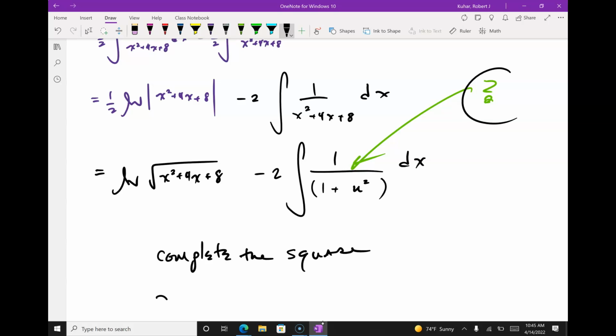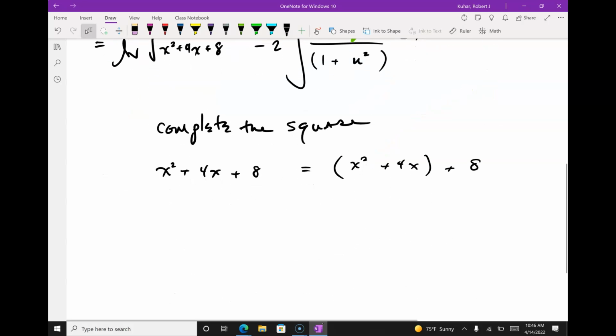So I've got x squared plus 4x plus 8. I'm going to group my first two leading terms and leave out the 8. I want to make sure my leading coefficient is 1.